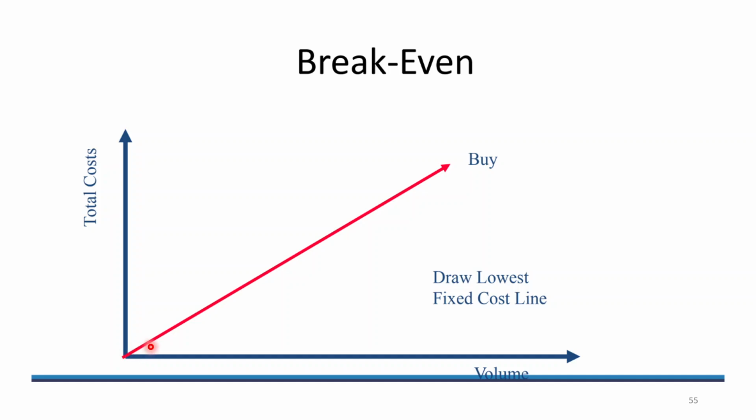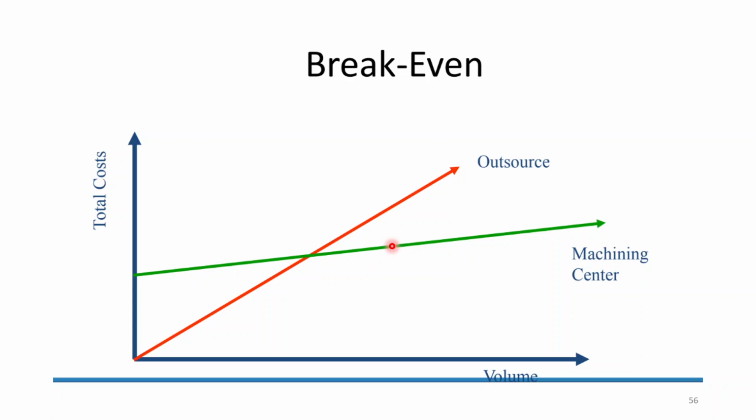It will be the cost of one product times the number of products, so this will be a straight line. Now you will be comparing this with machining. If you are comparing machining with outsourcing, meaning purchasing, then there are two lines. Where these are crossing, below this point purchasing directly is cheaper, and after that machining becomes cheaper.